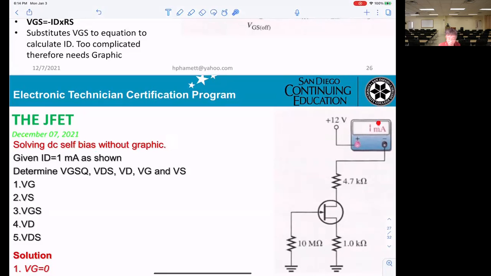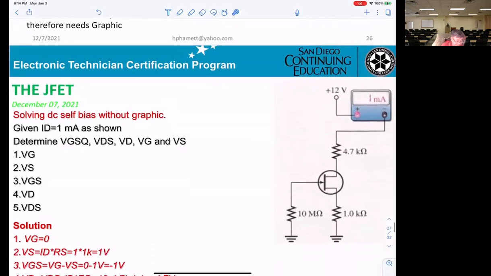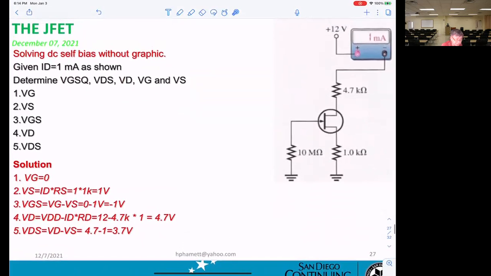They give you what? ID equal 1 milliamp. Okay, so whatever they want to calculate here, VG, VS, VGS, VD, VDS, I already gave you the solution. And you have to spend the time.